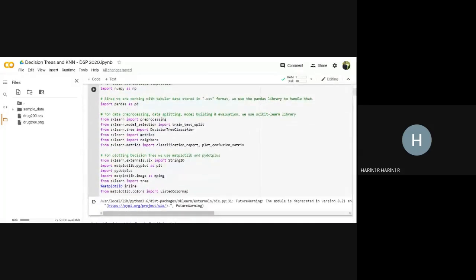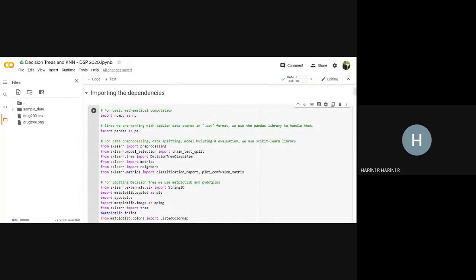Meantime, we were discussing these dependencies in the morning. NumPy and pandas, as I said earlier, are extremely useful to deal with arrays and data handling, to load your data. And the scikit-learn library has many implementations of different algorithms.